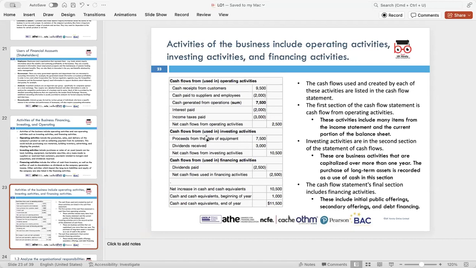Within this area, the acquisition of long-term assets is accounted for as a use of cash. The final component of the cash flow statement is comprised of operations related to financing. Initial public offerings, secondary offers, and debt financings are examples of these types of financing.